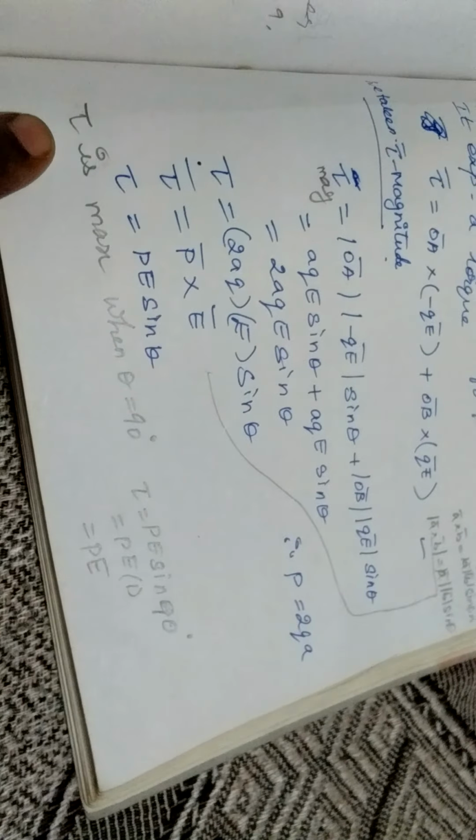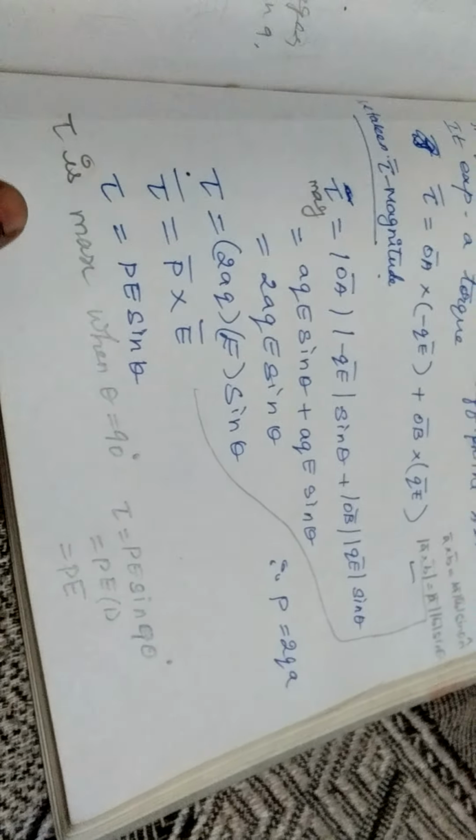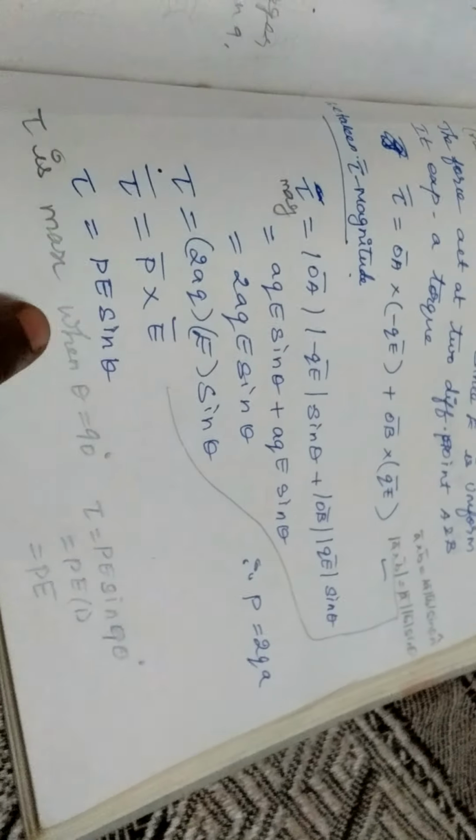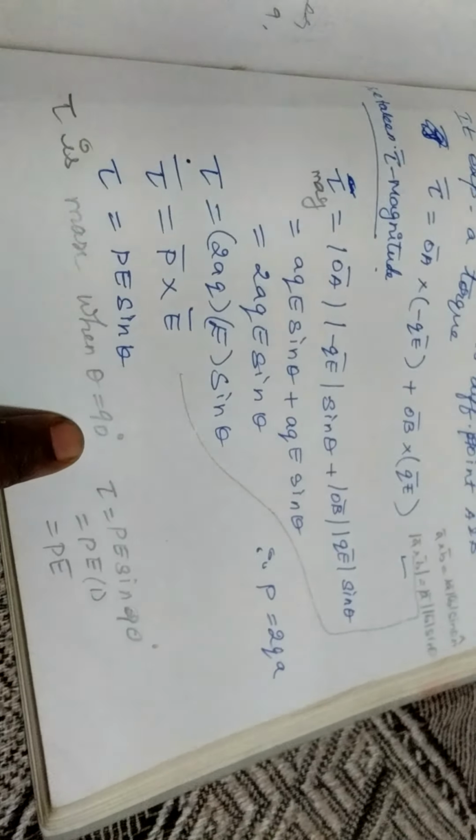Tau is maximum when the theta value is 90 degrees. You see that tau is maximum. What we are telling is that the torque force is acting here, so the dipole moves, it rotates. It creates a magnetic field along the axis line, the equator line, and in the phase line it is joined.